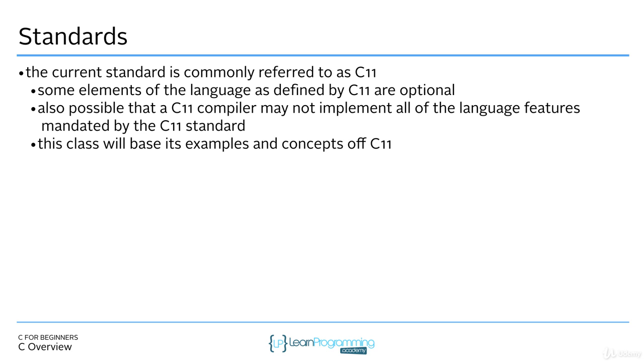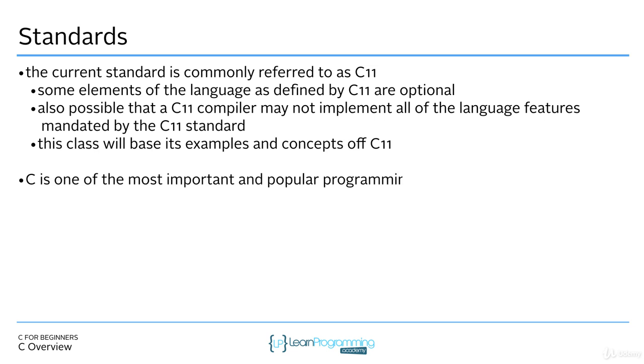We'll talk about all three standards, but we'll focus on C99. And the C11 compiler may not implement all the language features mandated by the standard. That happens sometimes. But we'll base our examples and concepts on all three standards, focusing on newer concepts in C11, but mainly C99, which is the basic concepts.